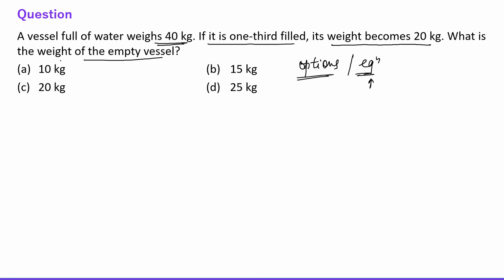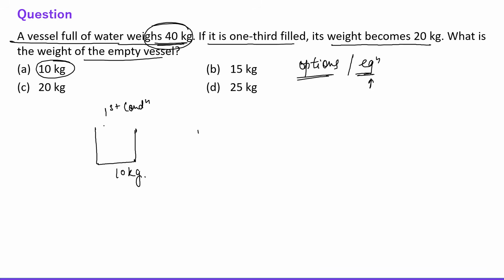So the empty vessel I am assuming as 10 kg, first option. The weight of the empty vessel is 10 kg. So first condition, a vessel full of water weighs 40 kg. So now this is full of water, let's say. So its weight is 40.